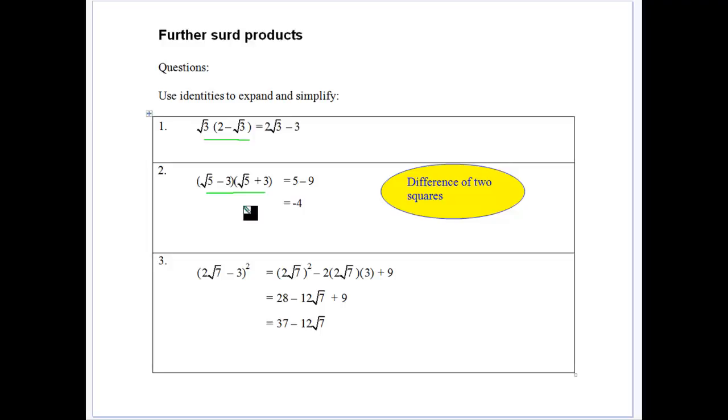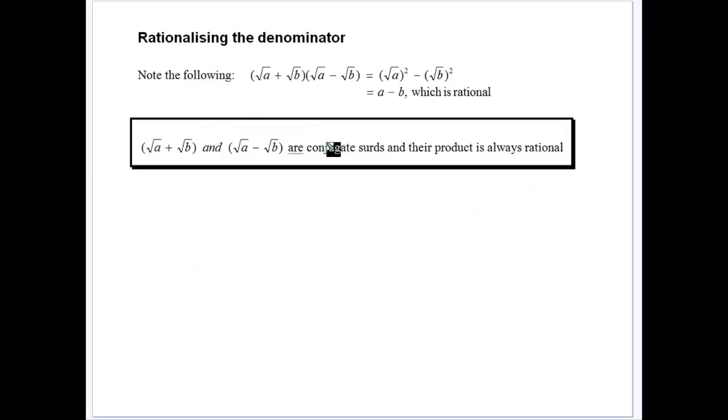conjugates. Now we've used that word already this year, but conjugates are really nice because they give us the difference of 2 squares, turning something that had irrational numbers in there into an answer that's going to be completely rational. It gets rid of those irrational numbers for us, and we'll talk about that in a minute, as I said. 2 root 7 minus 3 all squared. Again, use our rules we used in algebra, expand it out and clear them up.